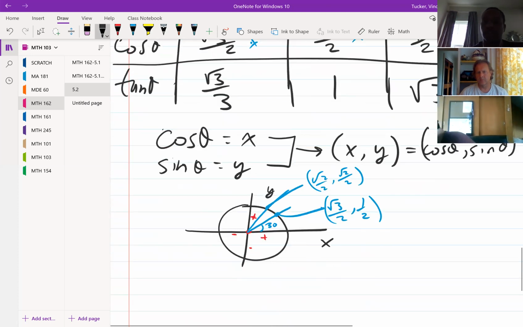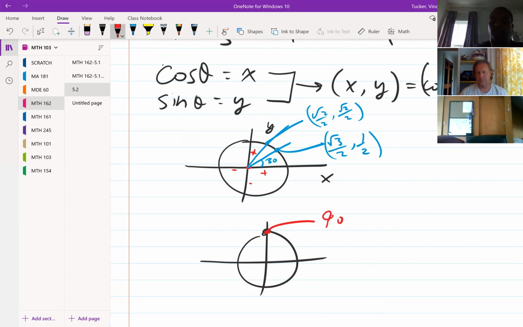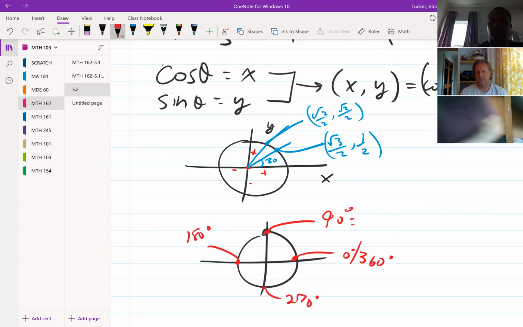So how does that help us when I go here? This right here is 90 degrees. Zero, that's 360. Just depends on if you made your full rotation or not. This is 180 degrees. This is 270.